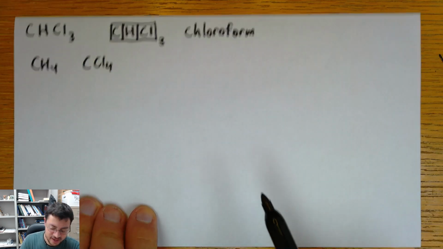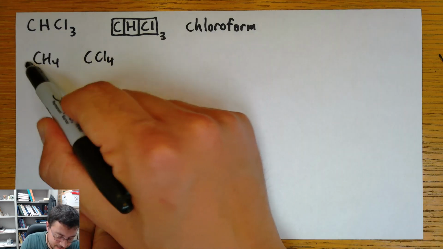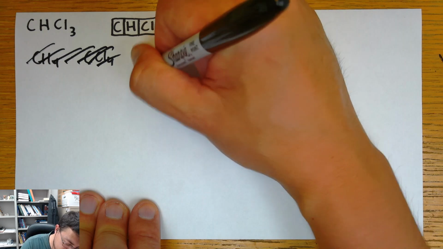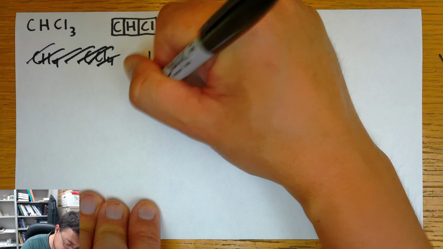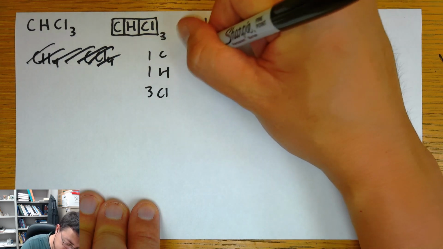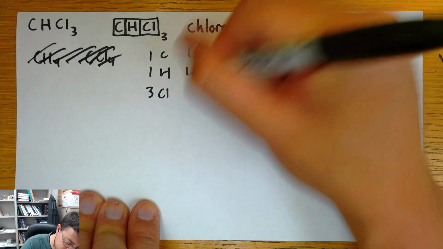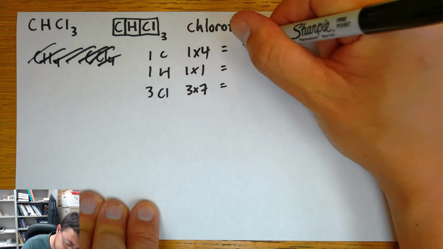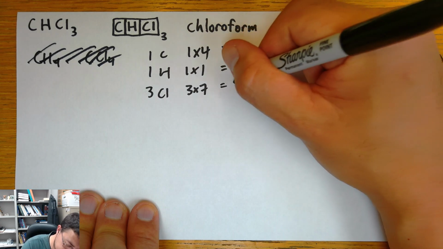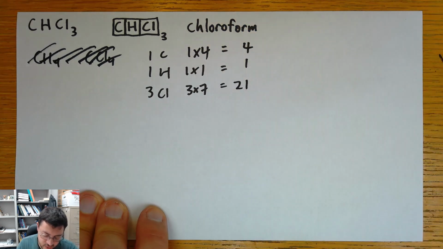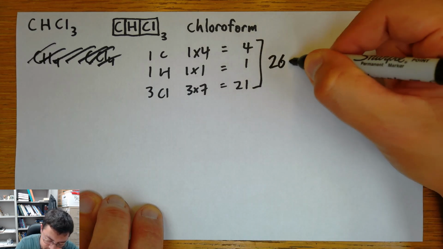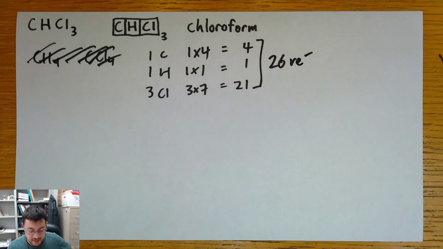But you're going to see it's going to end up looking pretty similar anyways. 1 carbon, 1 hydrogen, 3 chlorines. 1 times 4, 1 times 1, 3 times 7. 3 times 7 is 21. Add all these together, it's going to be 26 valence electrons.